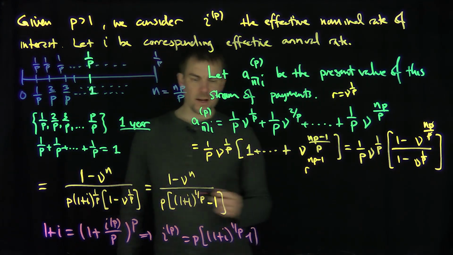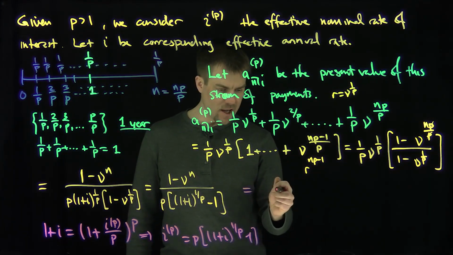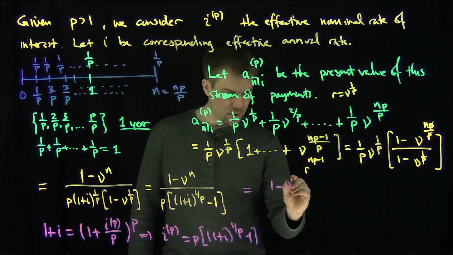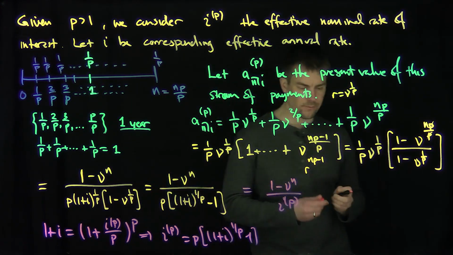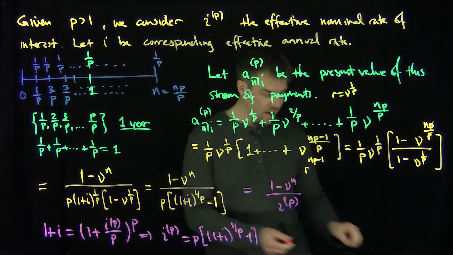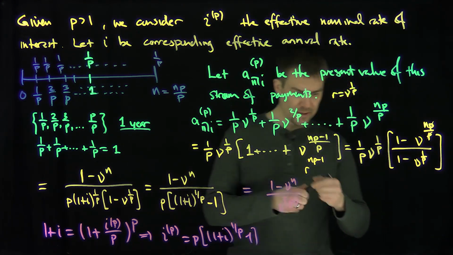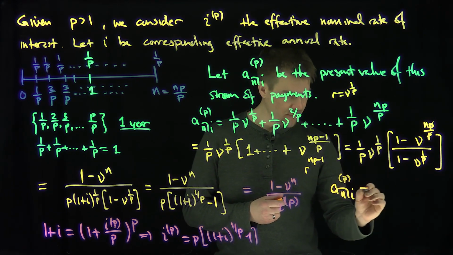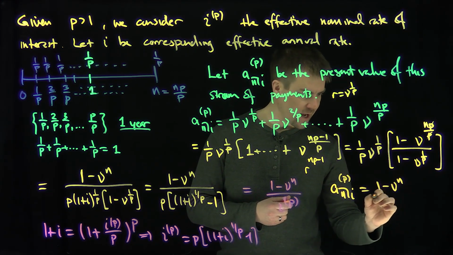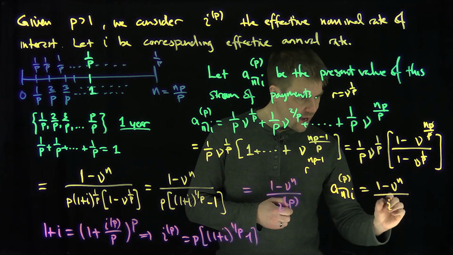So our denominator is exactly just i^(p). So this is exactly equal to 1 minus nu to the n over i^(p). Beautiful. That's our formula for a_n^(p). Hence a_n^(p) is 1 minus nu to the power n over i^(p).